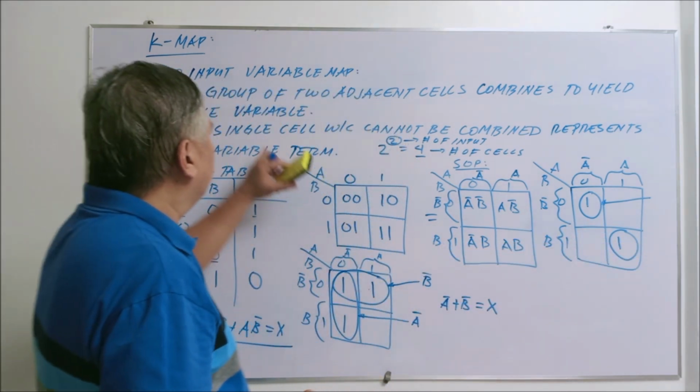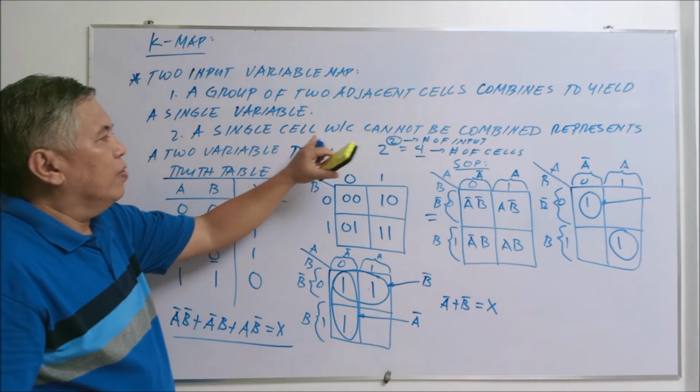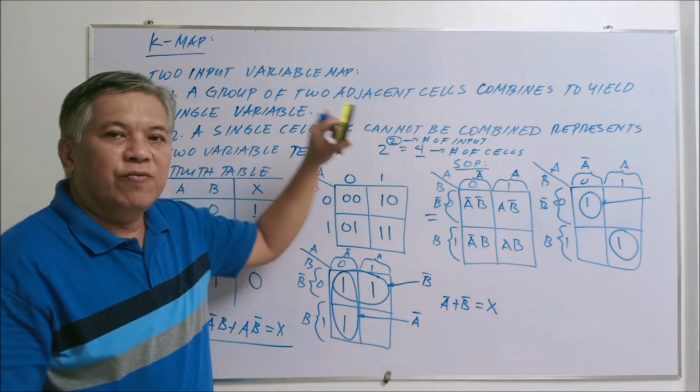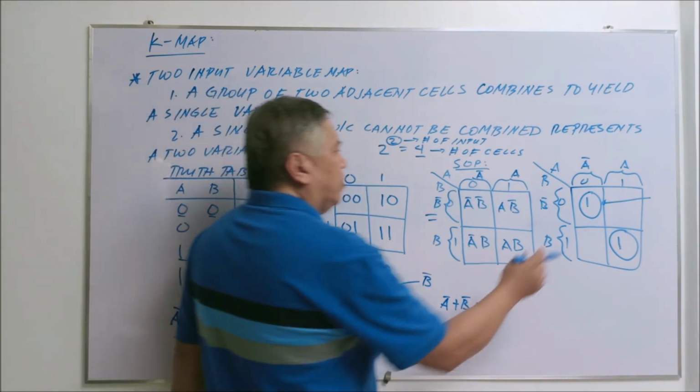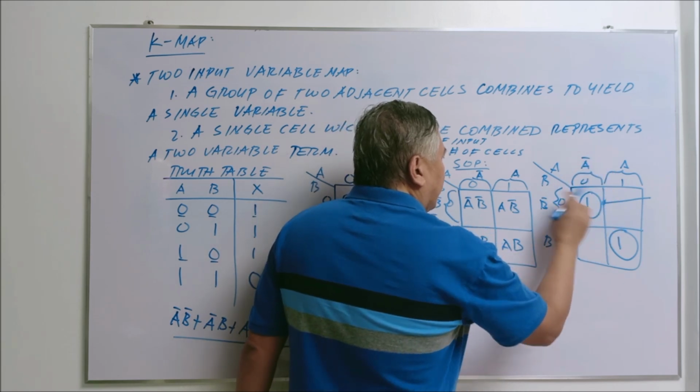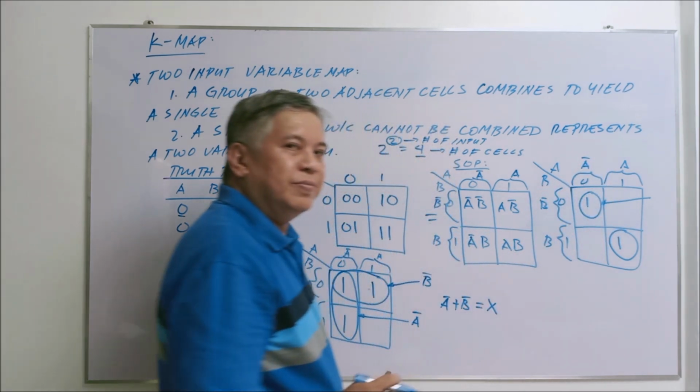Okay, so according to our rule, a single cell which cannot be combined represents a two variable term. And the intersection of this cell here is A bar, B bar.